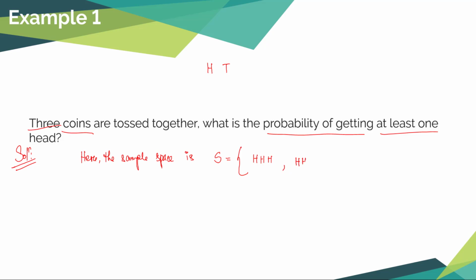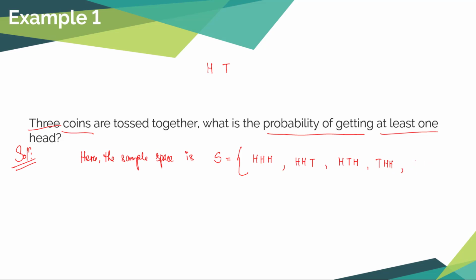Then the first 2 coins may show head and the third one is tail, or the second one shows tail, or the first one shows tail. Now remember, though there are only 2 faces, head and tail, the position matters here, because the position says which coin is showing which face, right?